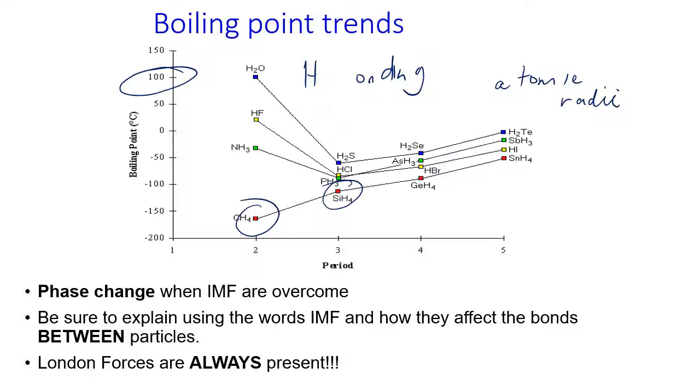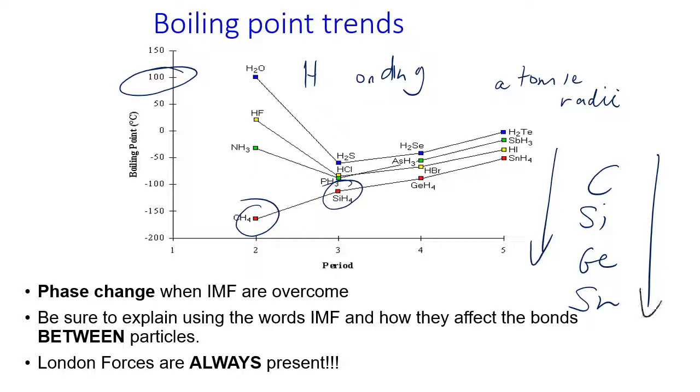So we're basically, again, going down the group, to carbon to silicon to germanium to tin. And again, as we go down, we're going to be increasing atomic radii, so there's larger London dispersion forces, larger dipoles as we go down the group, as we replace carbon with tin. So again, we're going to see an increase in boiling point due to this.